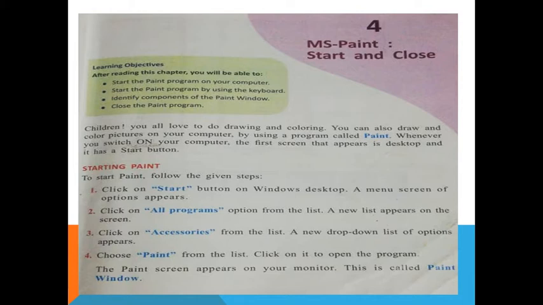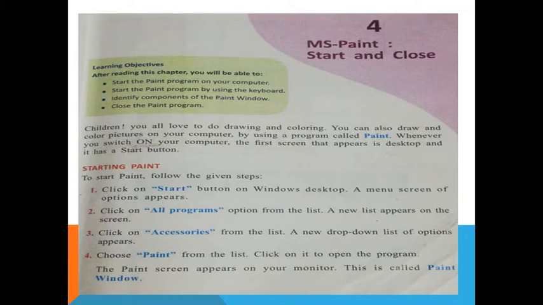We will start the learning objectives. After reading this chapter, you will be able to start the Paint program on your computer, start the Paint program by using the keyboard, identify components of the Paint window, and close the Paint program. Children, you know very well about Paint.